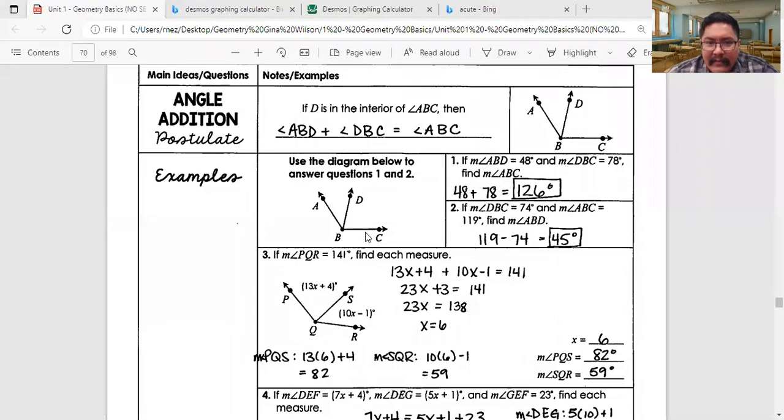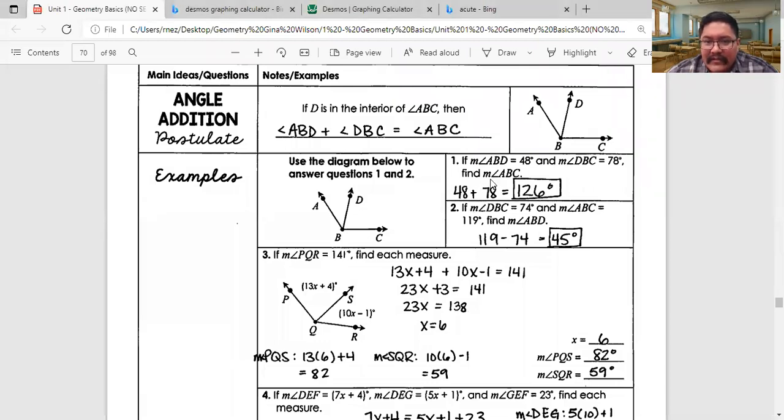So if we look at the diagram, ABC is the larger one. So it's pretty much this exact one, it looks like. Okay, so since it's the exact same thing, that makes it a little bit easier.